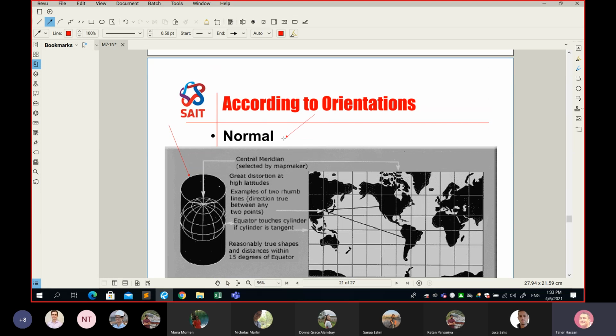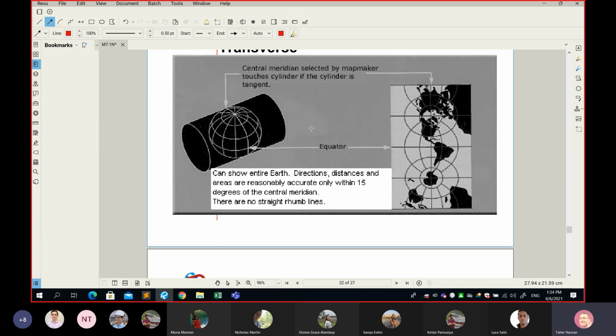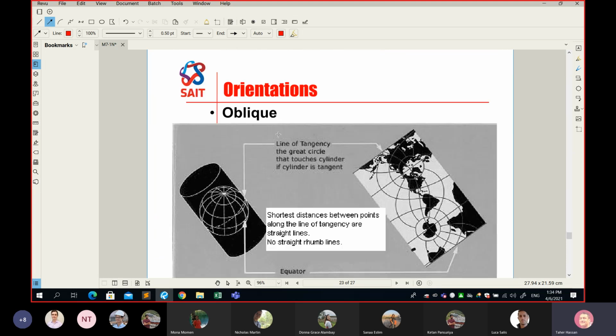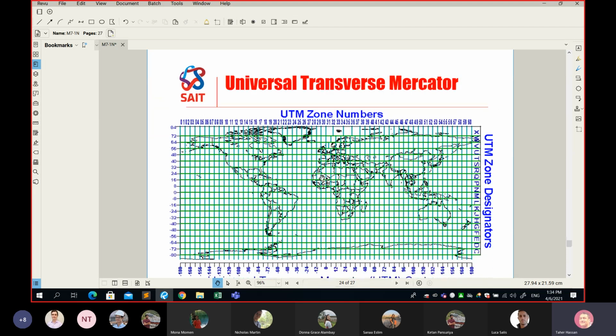So this one is called normal cylindrical, and this one is called transverse cylindrical, and this will be our discussion today. In between, you can turn your cylinder by a certain angle between 0 and 90 and get a third one called oblique cylindrical. This is not very common. What's most important is this one.